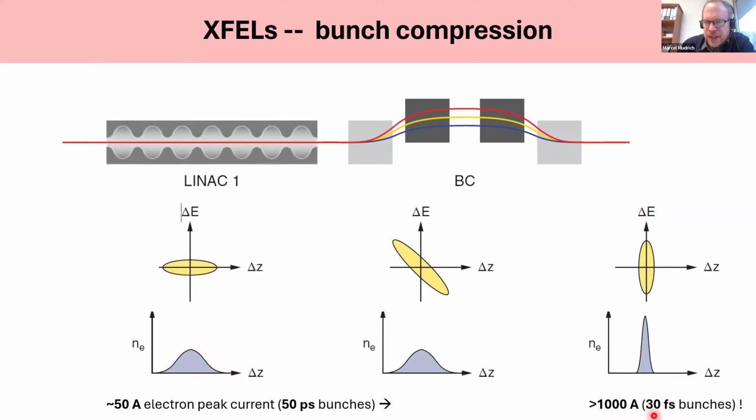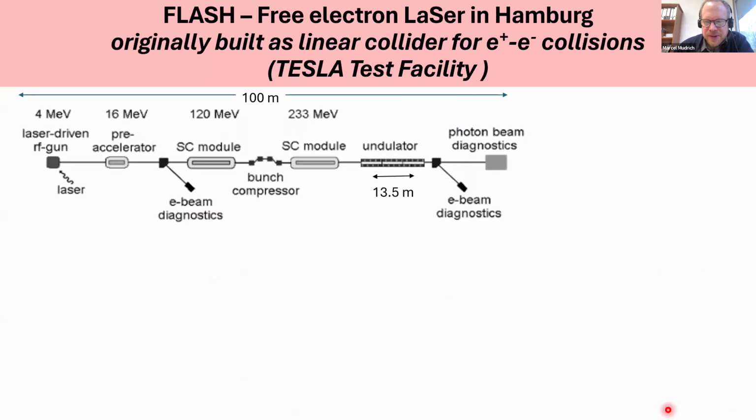And obviously this much higher peak current helps to get more intense undulator radiation emission, and that is instrumental for the SASE process.